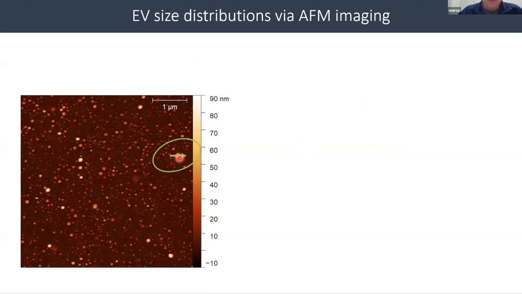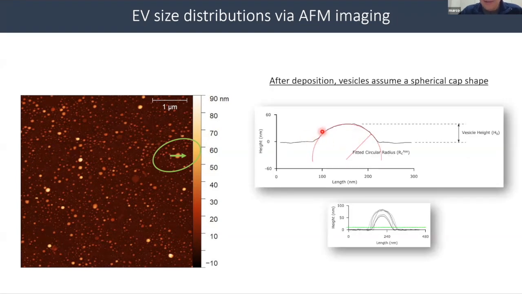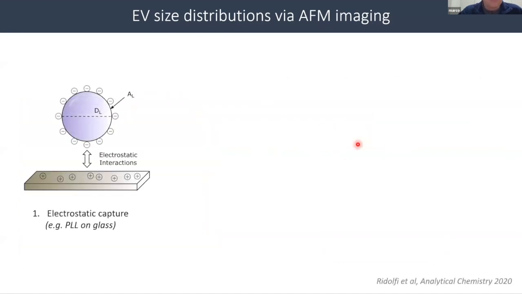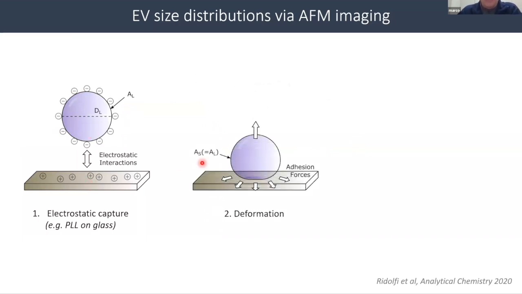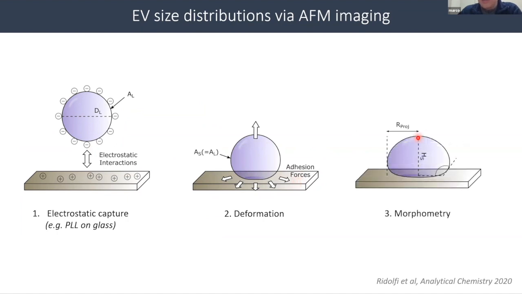If you follow the height profile of vesicles once they are deposited, they invariably are almost perfect circular arcs. That means that in 3D, each vesicle interacts with the surface, gets deformed by adhesion forces, and ends up being an almost perfect spherical cap.